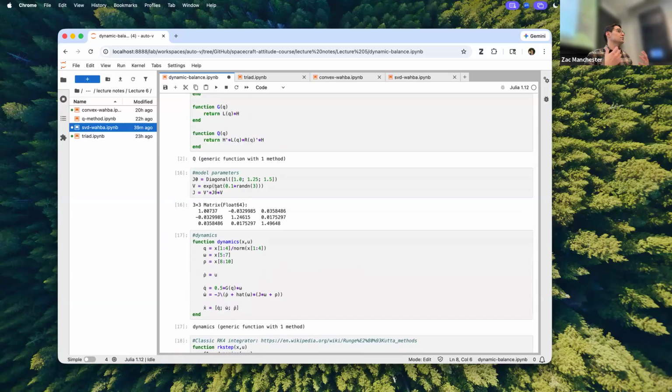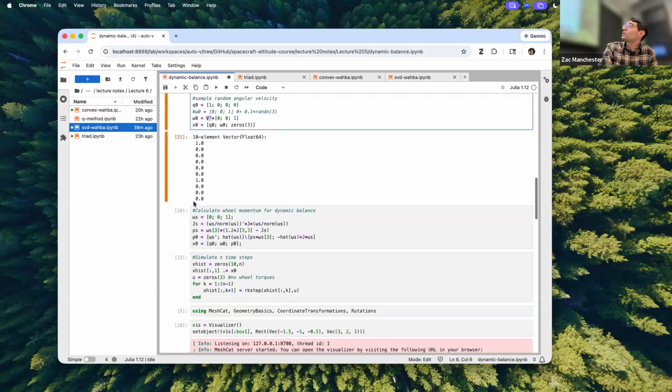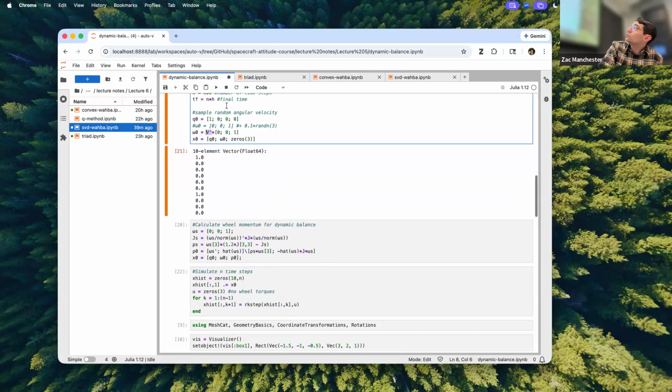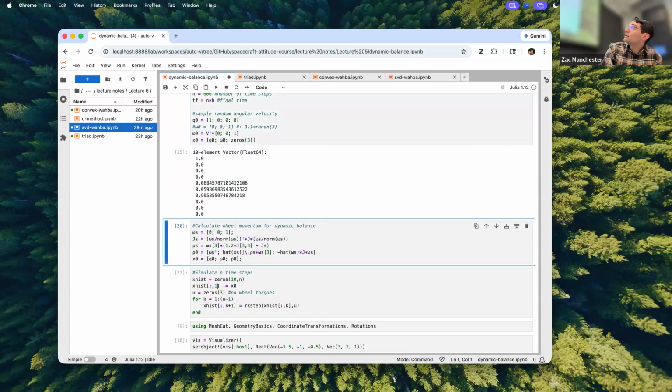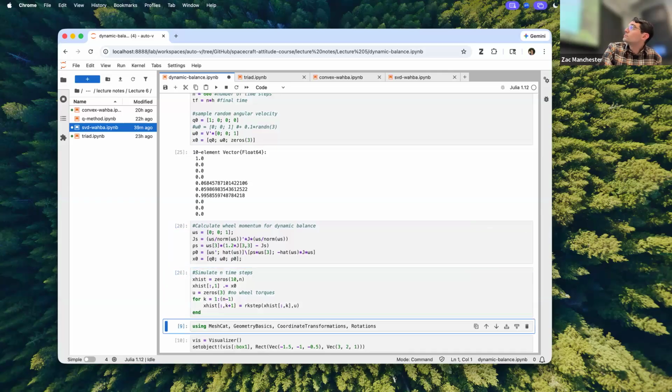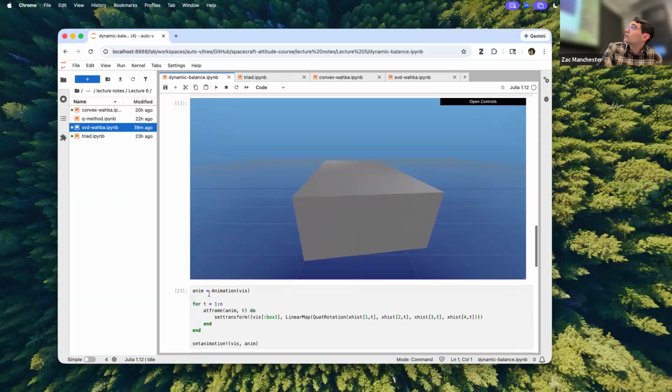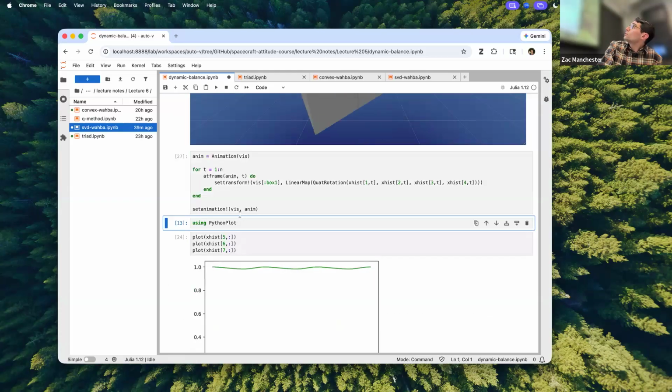So I'm rotating it into the principal axis frame now. This is not the x-axis, but it's the correct axis for it to rotate in an equilibrium spin. So we can do this again. Let's simulate and animate this again. So let's take a look.